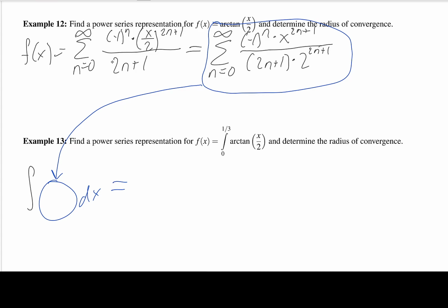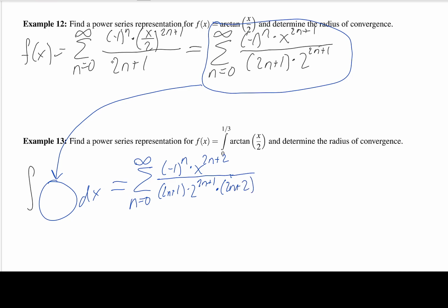So what we need to do here is add 1 to the exponent of x and then divide by that new exponent. So we'll have the sum from n equals 0 to infinity of negative 1 to the n times x to the 2n plus 2 divided by 2n plus 1 times 2 to the 2n plus 1, and then times our new exponent for x, so times 2n plus 2.